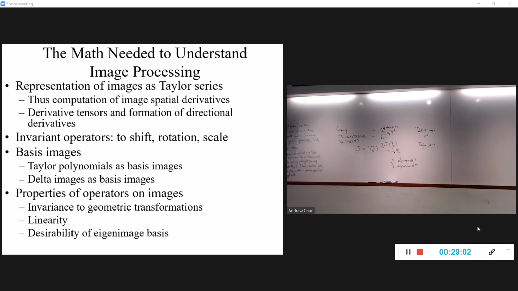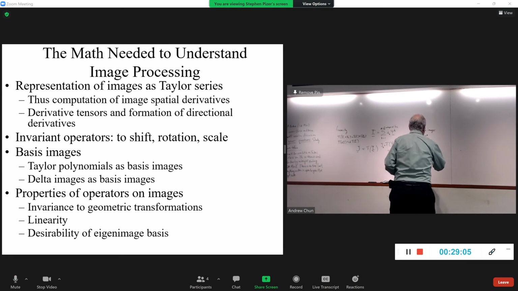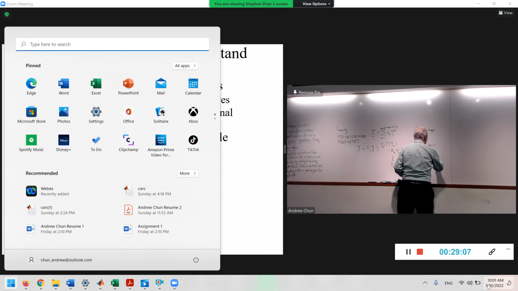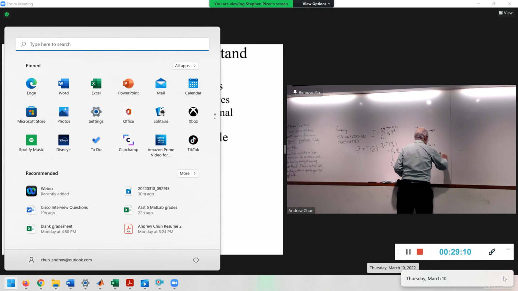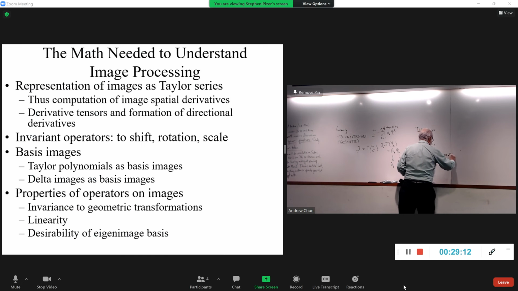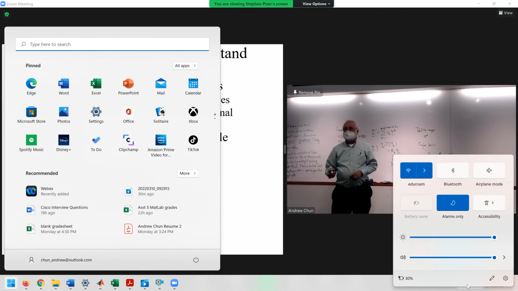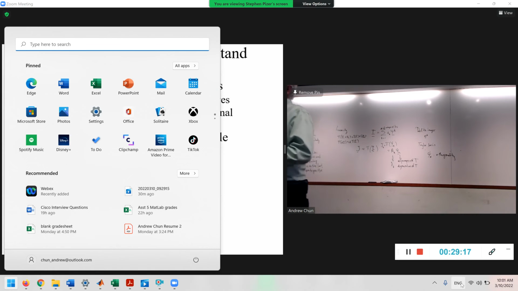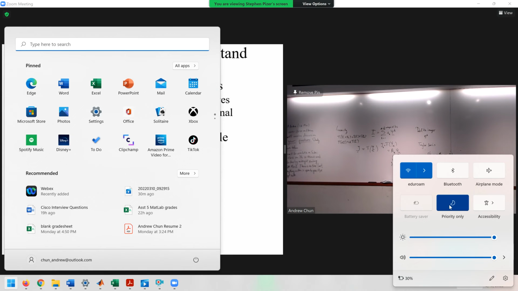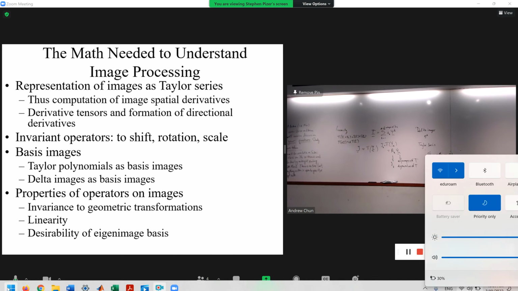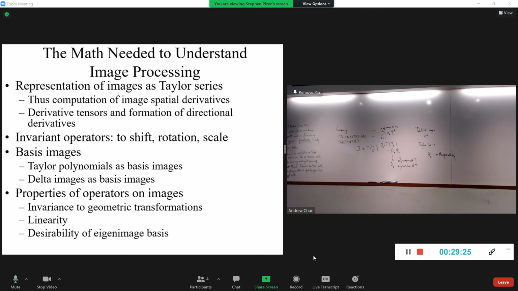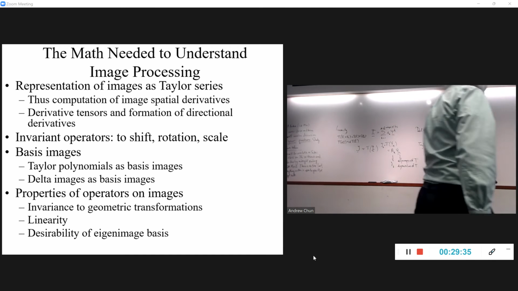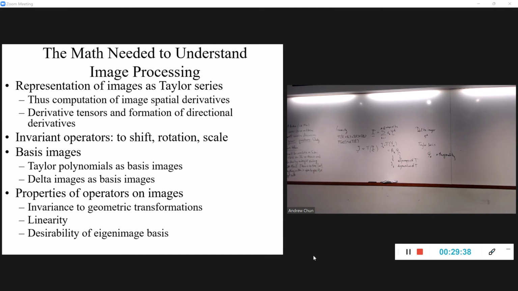And that orthogonality was really helpful, because you can compute the coefficients of any image in that basis simply by dot producting the image against the eigenimage, against the basis image. And so this eigenbasis turned out to be a really useful thing.